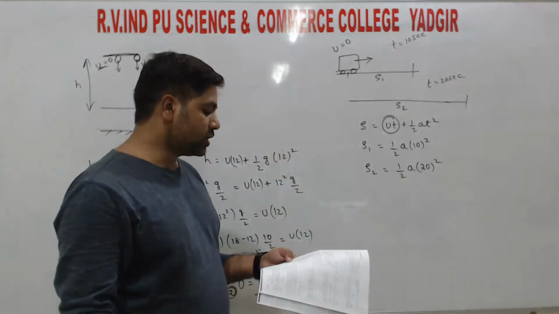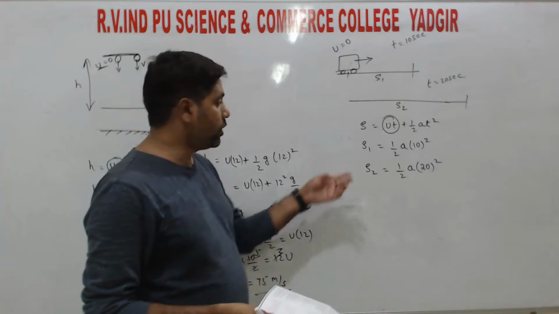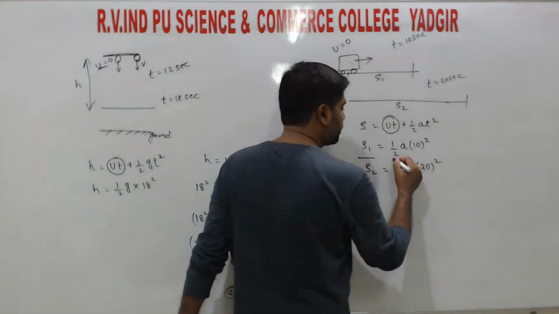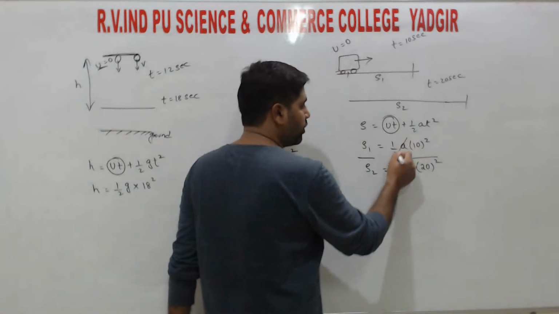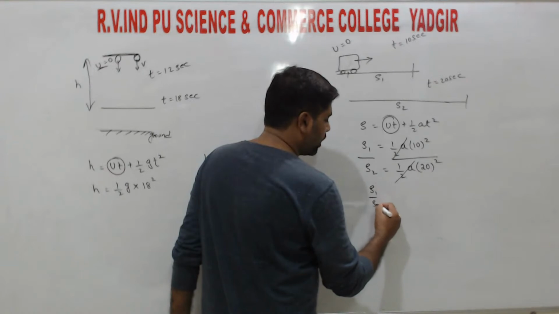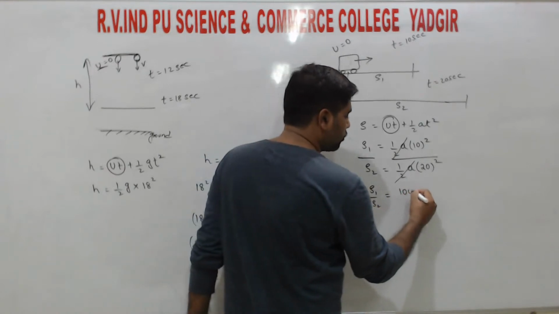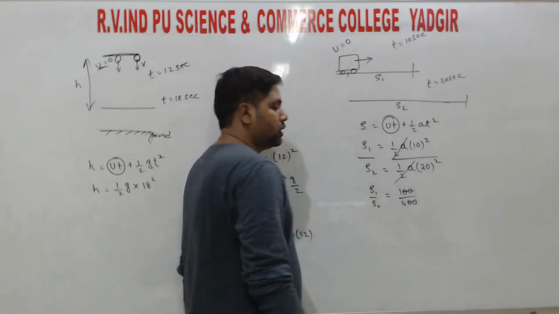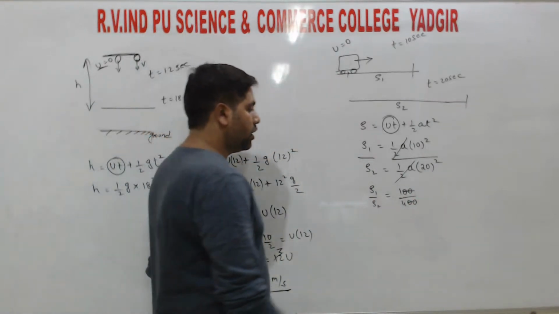So in the options we need to find the relation between S1 and S2. So for that we need to divide these two equations, S1 by S2. So 1 by 2a gets cancelled, right? So S1 by S2 is equals to 10 square is 100, and 20 square is 400. So zeros we can remove, right?